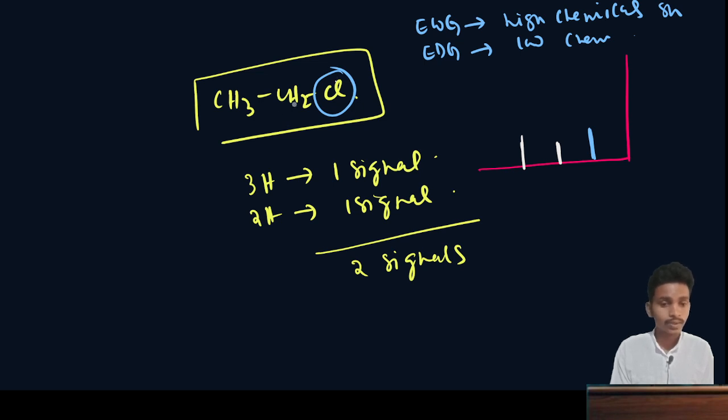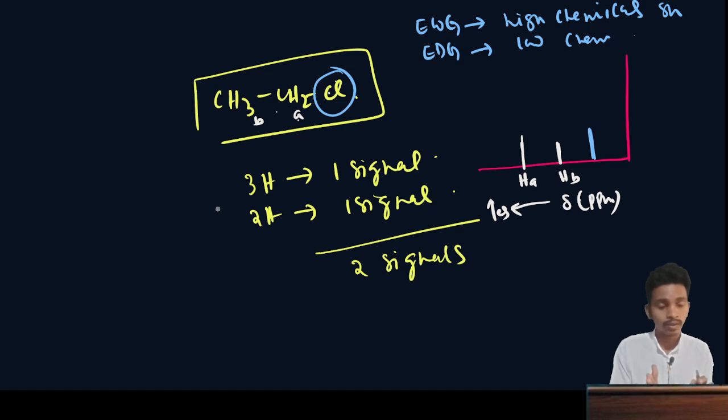Let's say this CH2 is A protons and this CH3 is B protons. The A protons are attached to the electron withdrawing group, so they should have a high chemical shift value. This axis is chemical shift in ppm, and it increases in this direction. So A should lie somewhere here, and HB will be somewhere here.